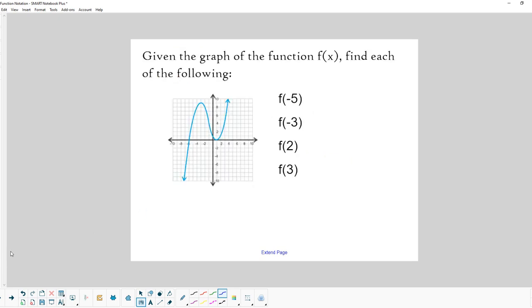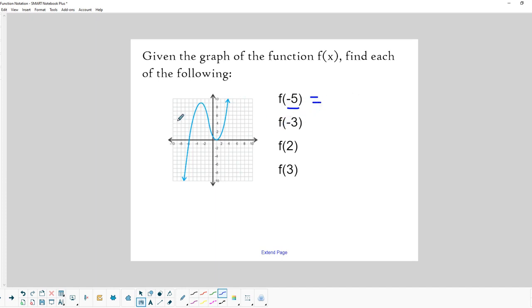So given the graph of the function f of x, find the following. So I want to know if I put in -5 in my function, what would the y value be? Well, to do this is kind of a fun little thing.